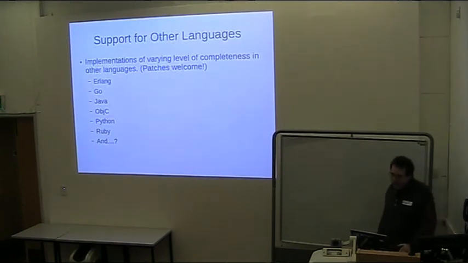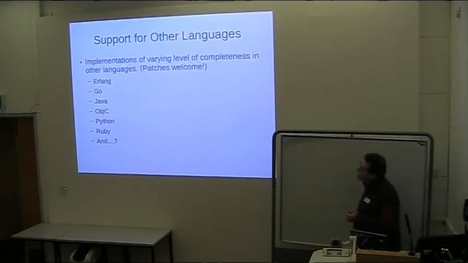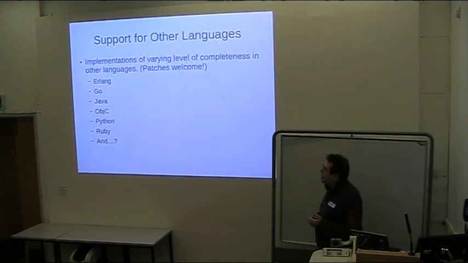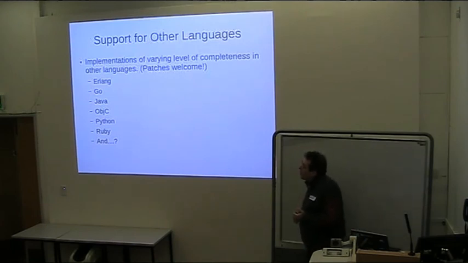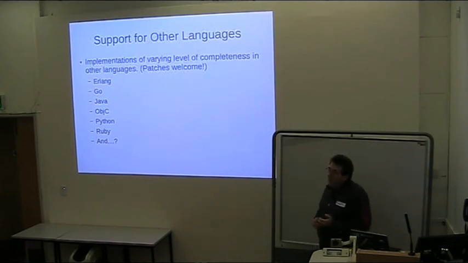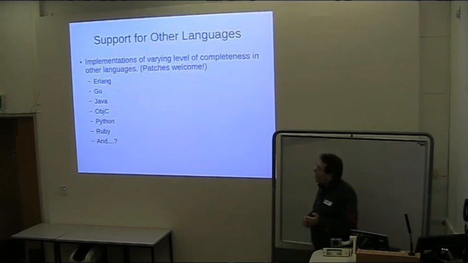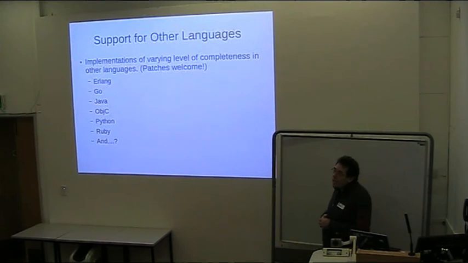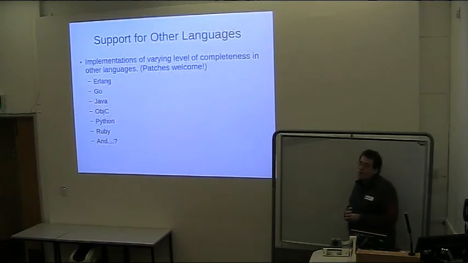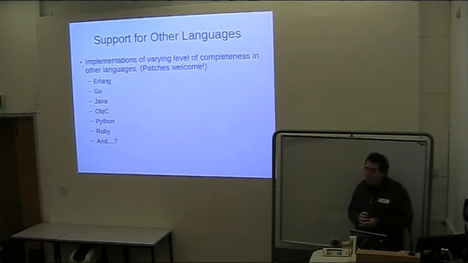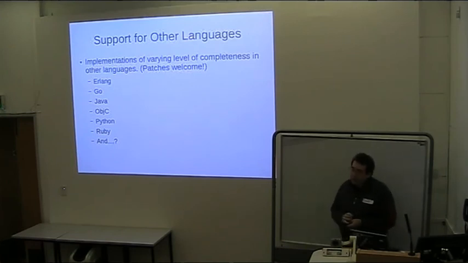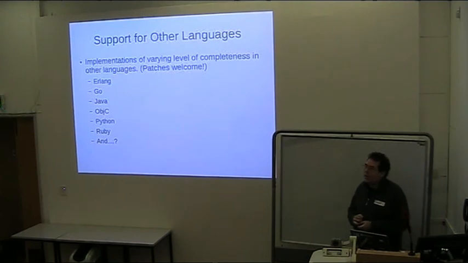Some of the other languages that we have implementations for are Erlang, Go, Java, Objective-C, Python, and Ruby. I cannot claim any real insight as to how complete anything is other than the Go implementation, which, as far as I know, is basically complete. You can read Sereal packets from Go with no problem, and you can construct Sereal packets in Go with no problem.